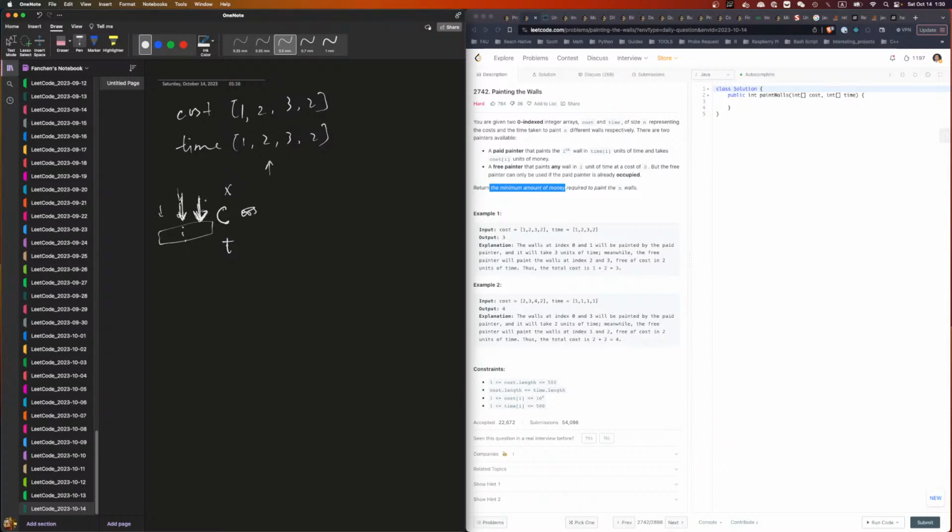Then this, if it can take, would that be the same? Yeah, it could be we take this, and then we don't take this, so that's the minimum of here.